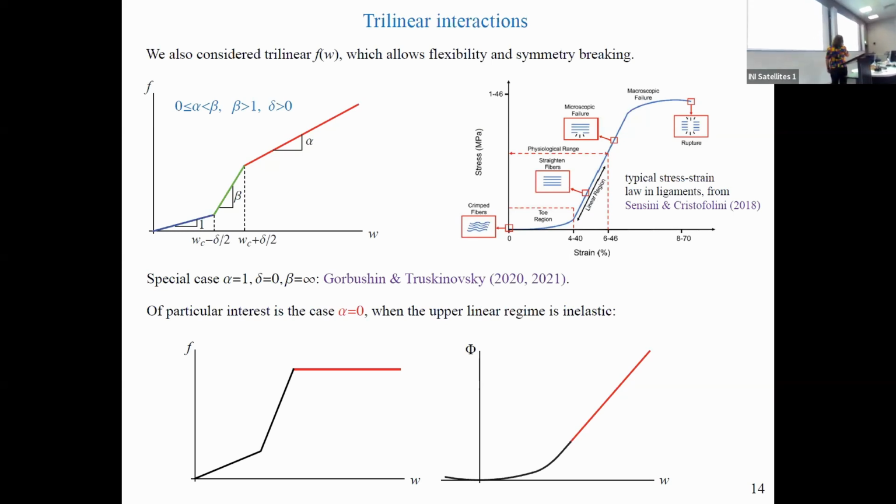So the blue regime is soft compared to the green regime, so beta is always greater than 1. And then there's another alpha regime, which we allow to range all the way from 0 to beta. In particular, a nice symmetric case when alpha is equal to 1 has already been studied.